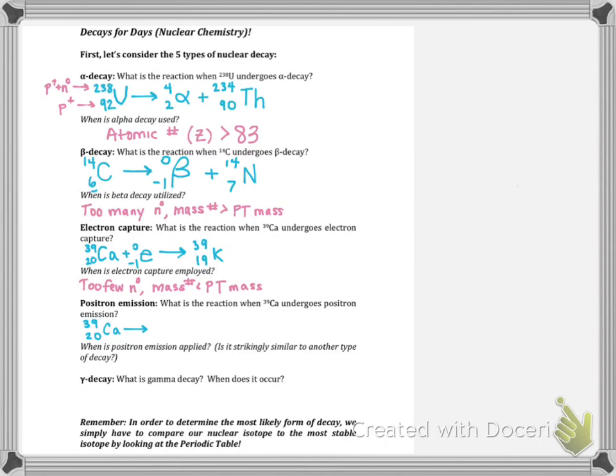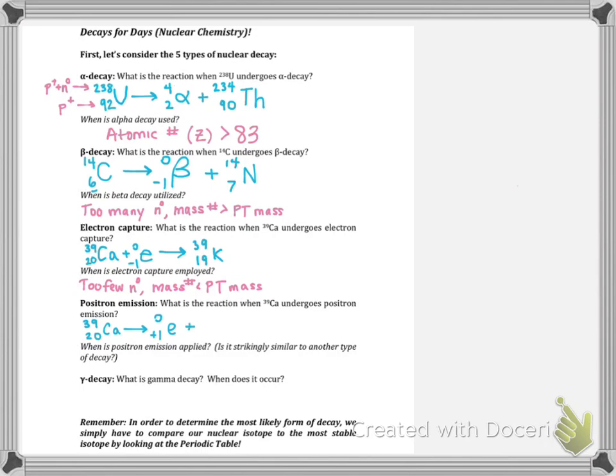Okay, and then next we have positron emission. I'm starting again with the calcium, and I'm going to give up a positron, which is kind of like the opposite of an electron. It has a +1 charge, but it has no mass.